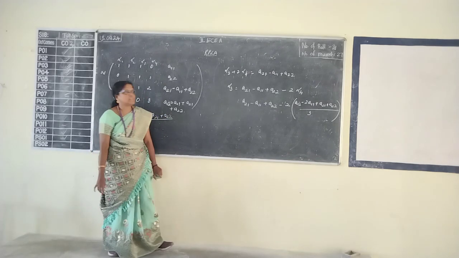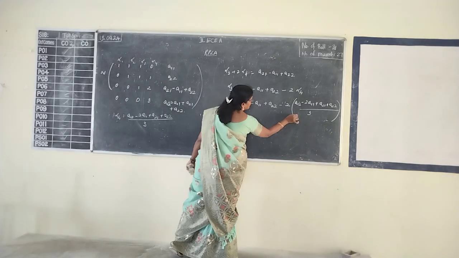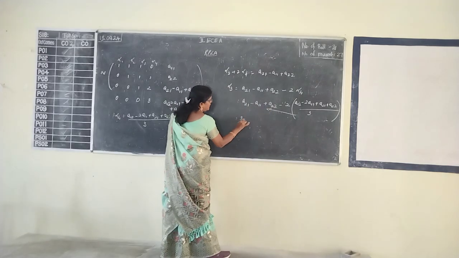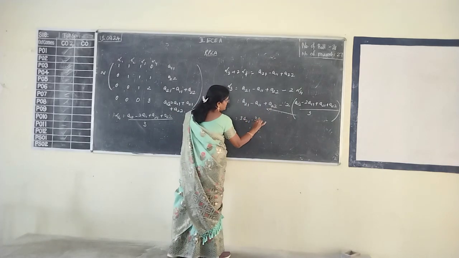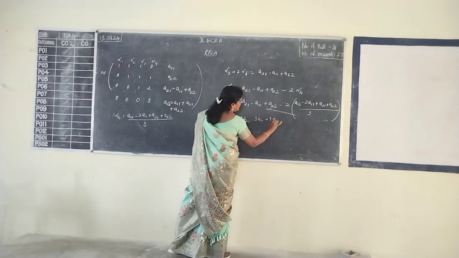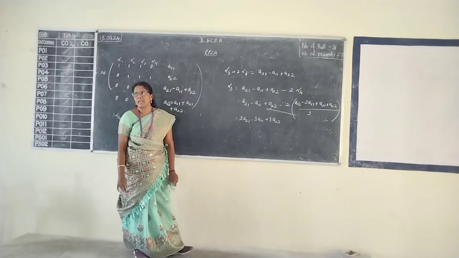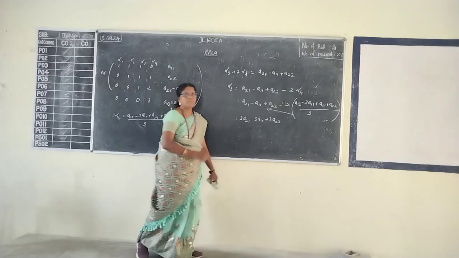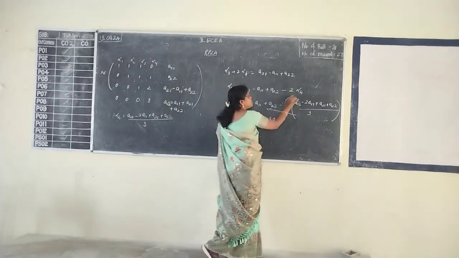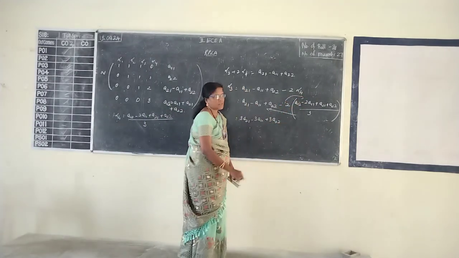Now take LCM as 3. So 3a21 minus 3a11 plus 3a22, cross multiplying 3 for taking LCM. Now multiply minus 2 inside each and every term.